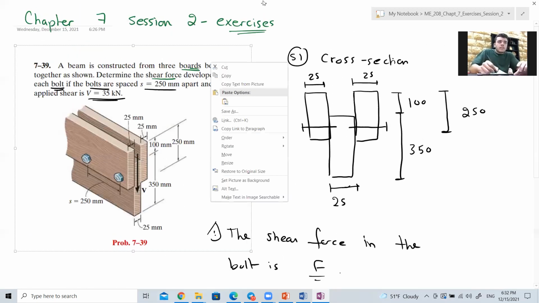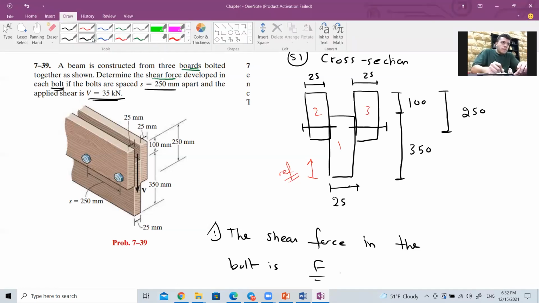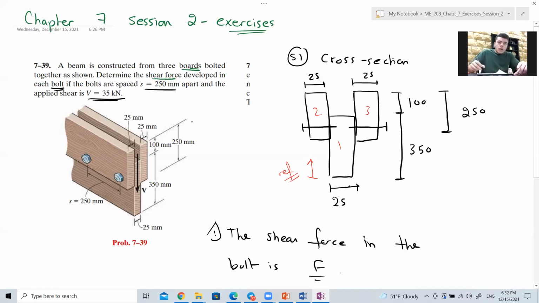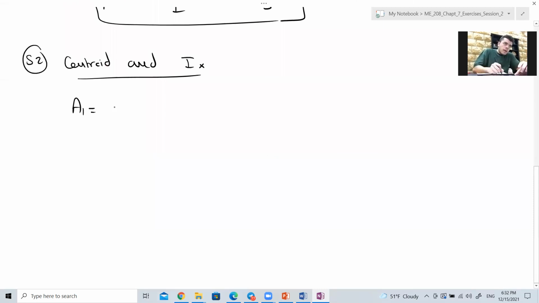So to find the centroid, we will divide the cross section into 1, 2, 3, and I will take a reference from below. So area 1 is 25 times 350, right?